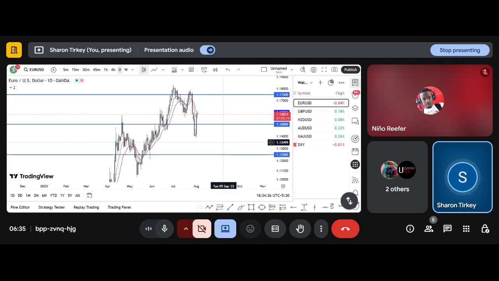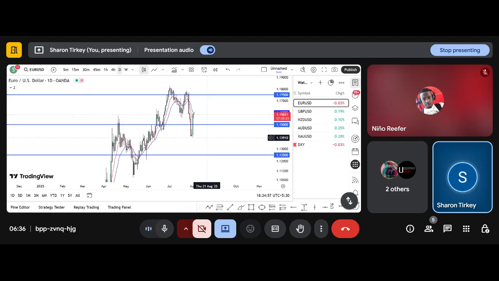Support means a price level where buying pressure is expected and the price bounces back up. And resistance means a price level where selling pressure is expected to be strong enough to overcome buying pressure, potentially causing the price to fall back down.